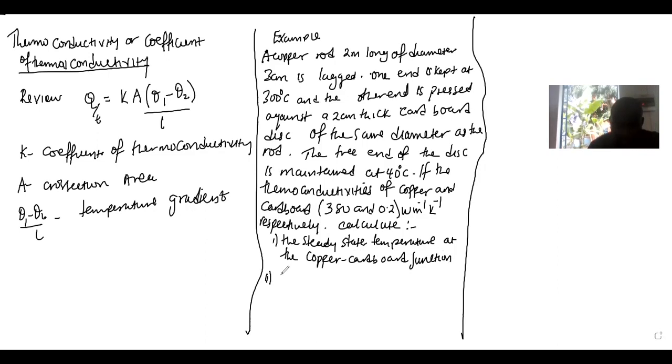Then 2, the quantity of heat flowing across the junction in 10 minutes.